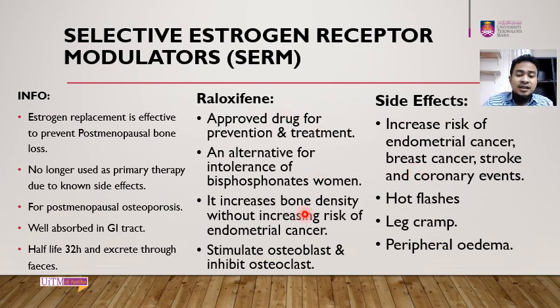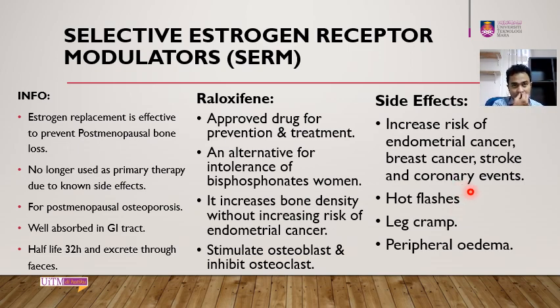It increases the bone density without increasing risk of endometrial cancer, which is a good part, and stimulates osteoblasts and inhibits osteoclasts. However, although this is a type of cancer treatment, they do have an increased risk of cancer, such as endometrial cancer, breast cancer, stroke, and coronary events. Also hot flashes, leg cramps, and peripheral edema.